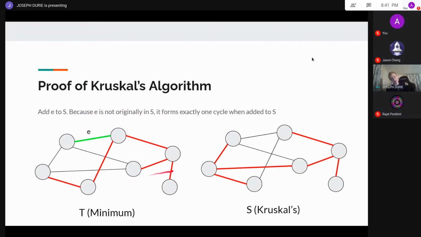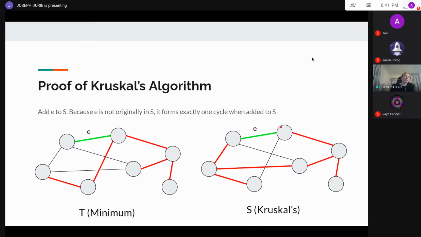Okay. So for example, if this is your T, this is your minimum, and this is your S, notice these are different trees. And this one contains the edge e, and this one doesn't. So in the first step of this exchange, we add e to S. And because e is not originally in S, it's going to form a cycle.